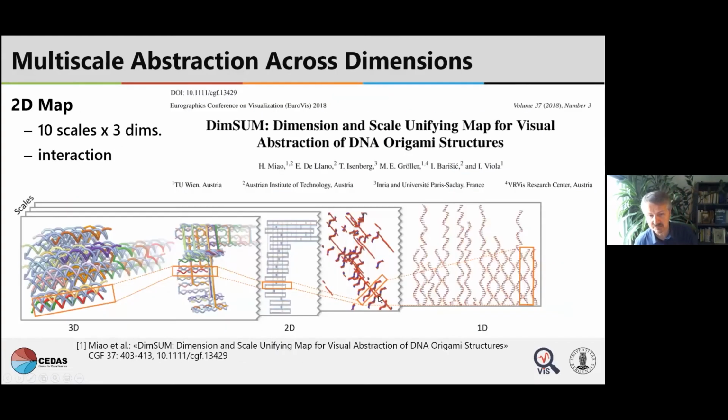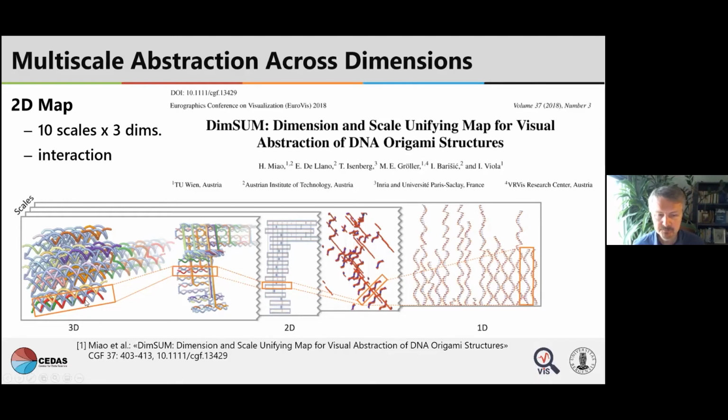That actually led to a work where they created a two-dimensional space that related not only the 10 different scales across each other, but also different dimensionality in which these scales could be represented.